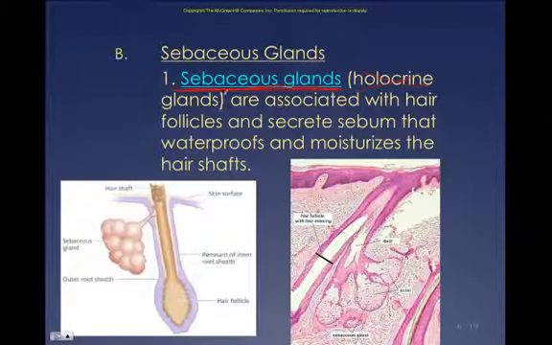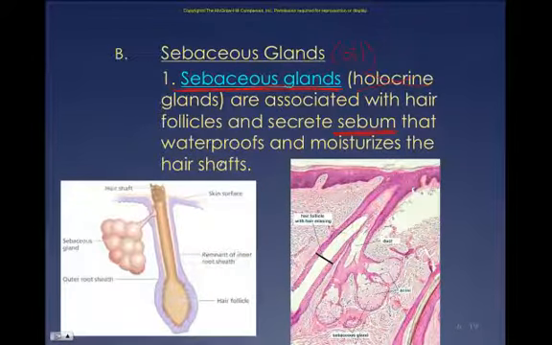And sebaceous glands is just a fancy term for oil glands, okay? And so these oil glands are, again, always going to be associated with hair follicles, okay? And they're going to secrete, the reason they're called sebaceous glands is they secrete this substance called sebum or oil, okay? Sebum is our fancy term for oil.